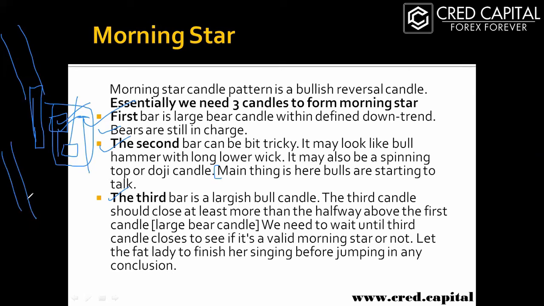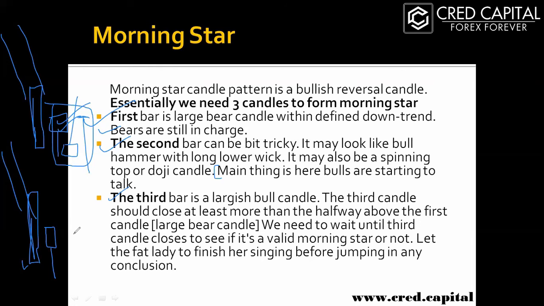Meaning, first, according to the trend, we have the large bearish marubozu. By the end of this trend, we can have a hammer in the market, or a dragonfly or inverted hammer.